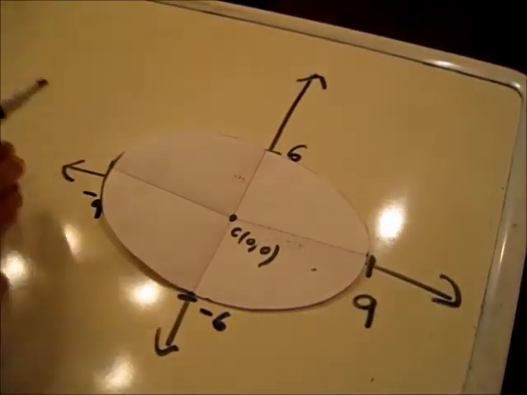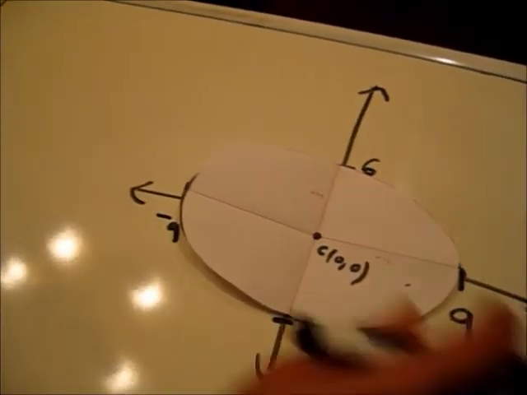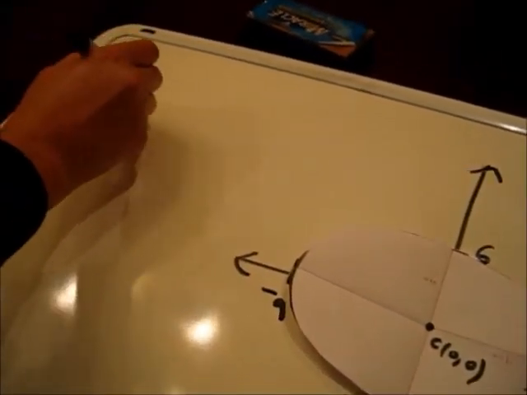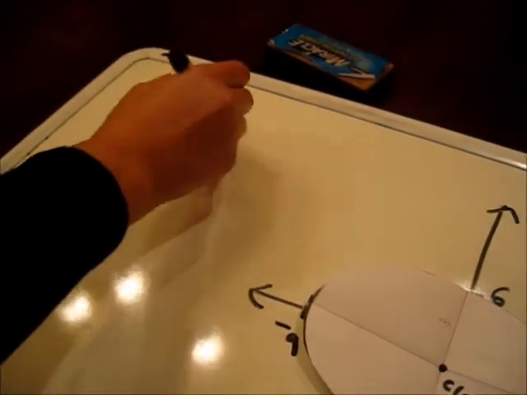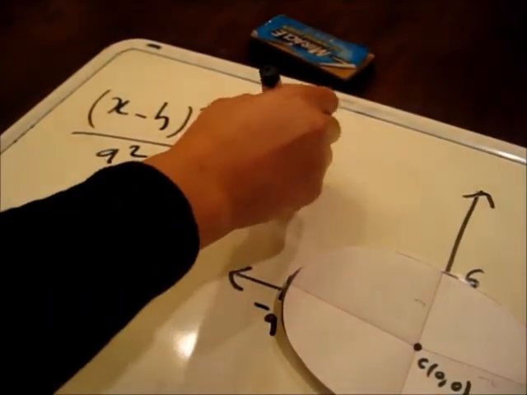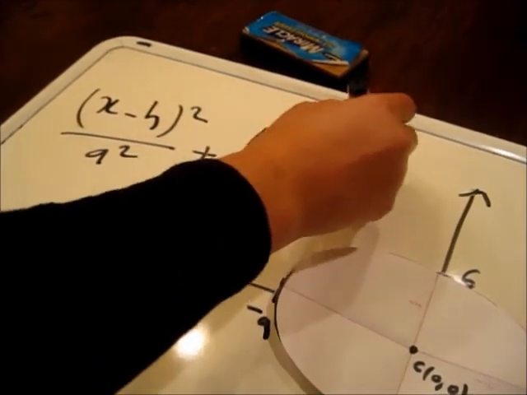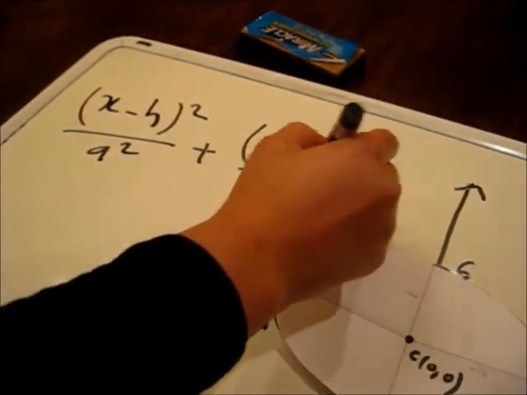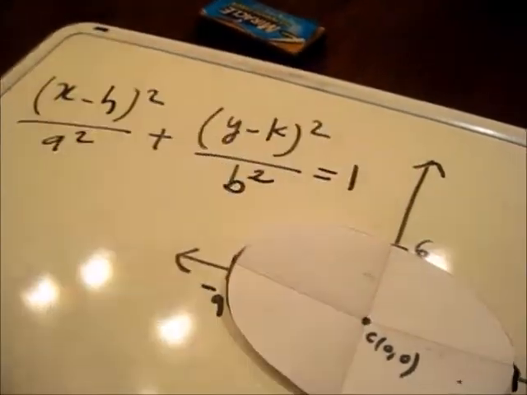Let's also remember the equation of the ellipse, which is (x minus h) squared over a squared plus (y minus k) squared over b squared equals 1.